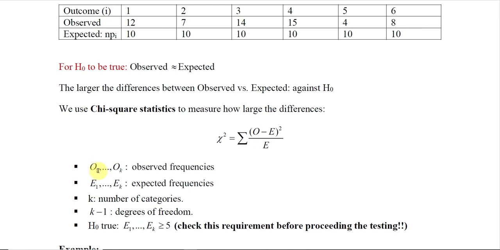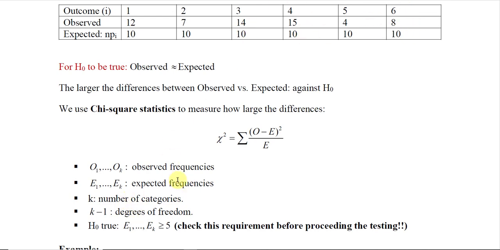For example, O1 is the observed frequency of the outcome of number 1, and so on. E is the expected frequency, again for 1, 2, 3, 4, 5, 6.